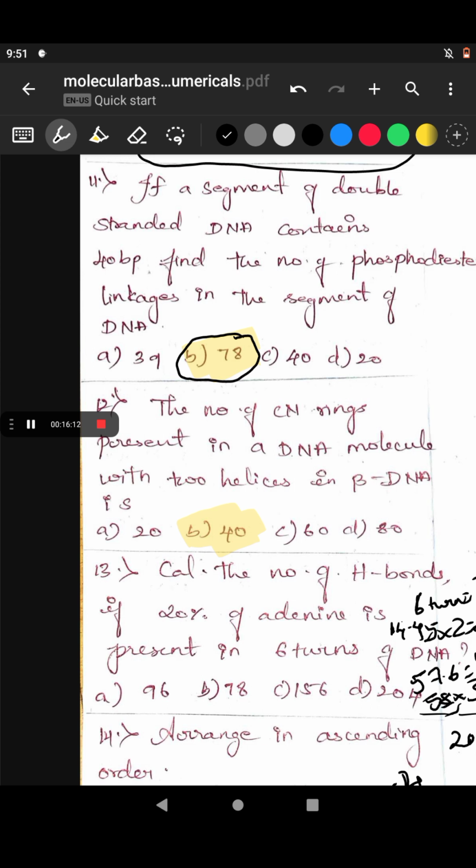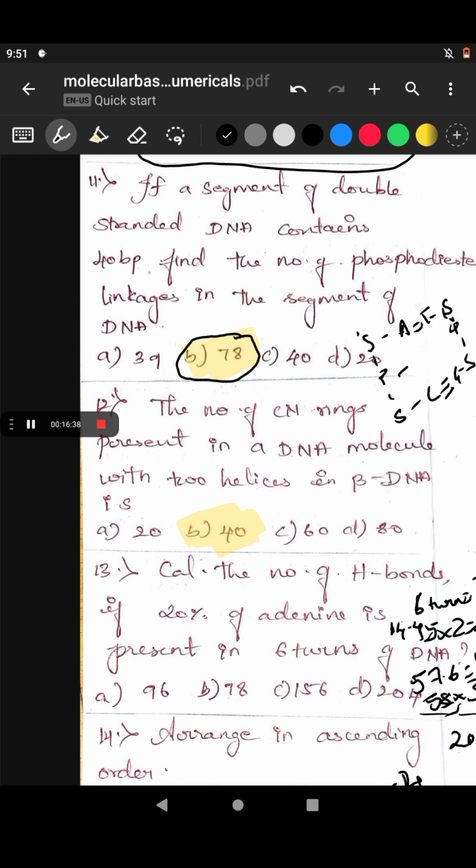It is similar to this. I'll give you a simple example. A, sugar, phosphate, sugar. So here just assume C triple bond G. Similarly, sugar, phosphate, and A double bond T, sugar.